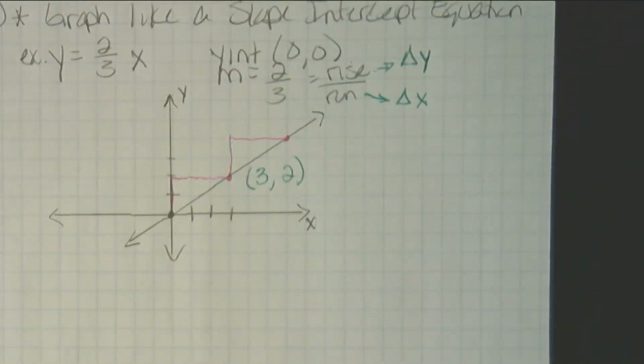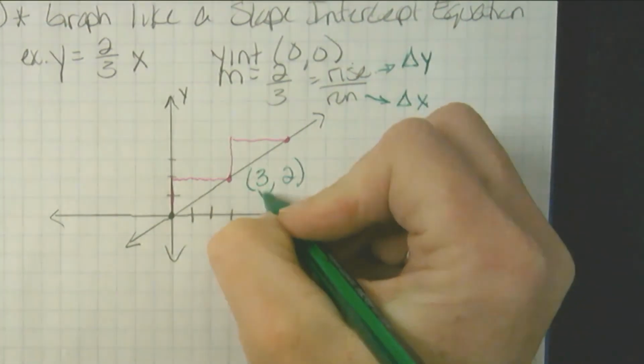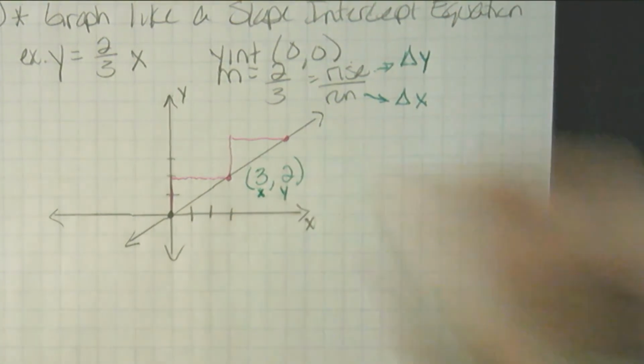Do you notice anything between your slope and your first point? Do you notice anything with regards to that slope and that first point? Maya? Be more specific. Kind of. So that 3 is my x value. That 2 is my y value.